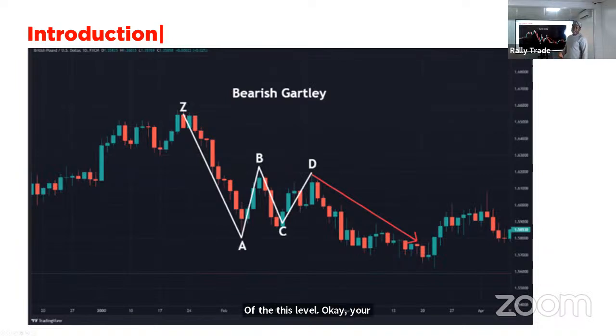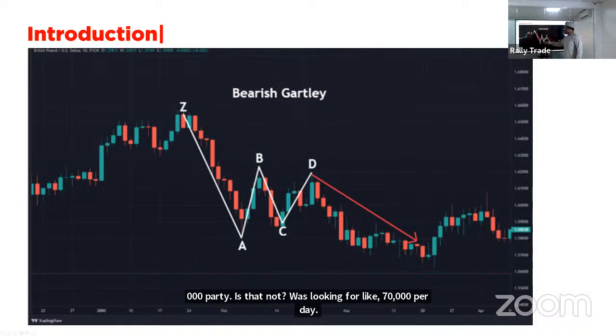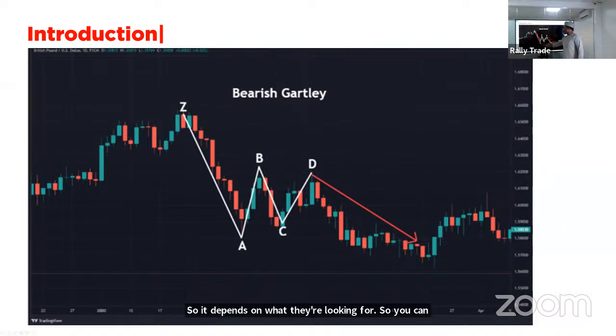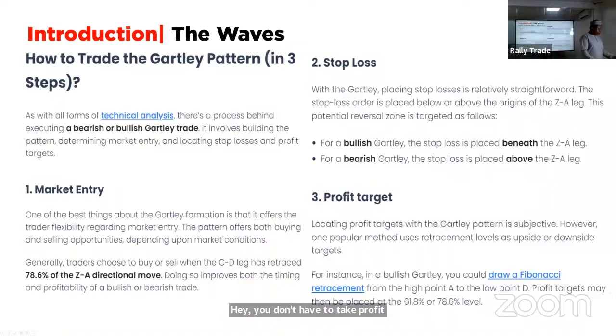But some people are looking for like 17,000 per day. So it depends on what you're looking for, and you can put your take profit there. But of course, if you're selling, you can put your take profit around this point A. Because it's a support zone, you can put your take profit there at the support zone. All right, now let's go to another thing.